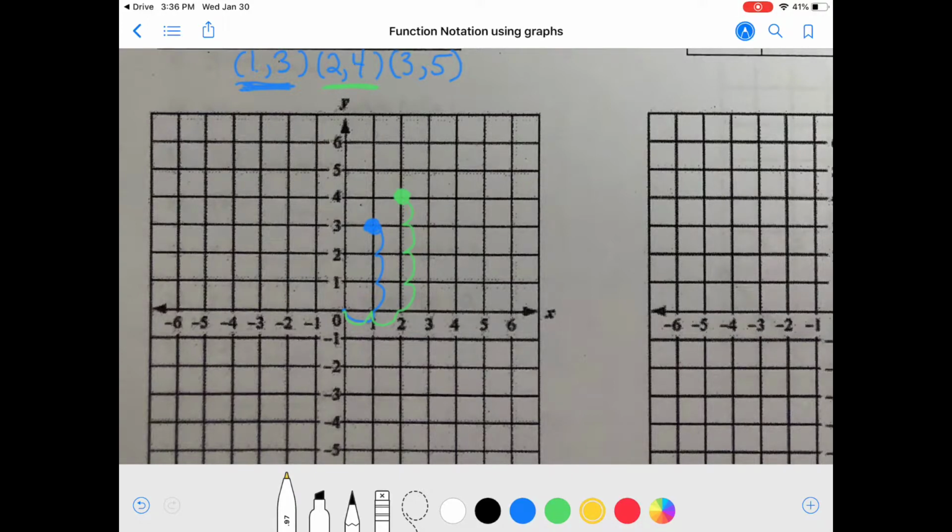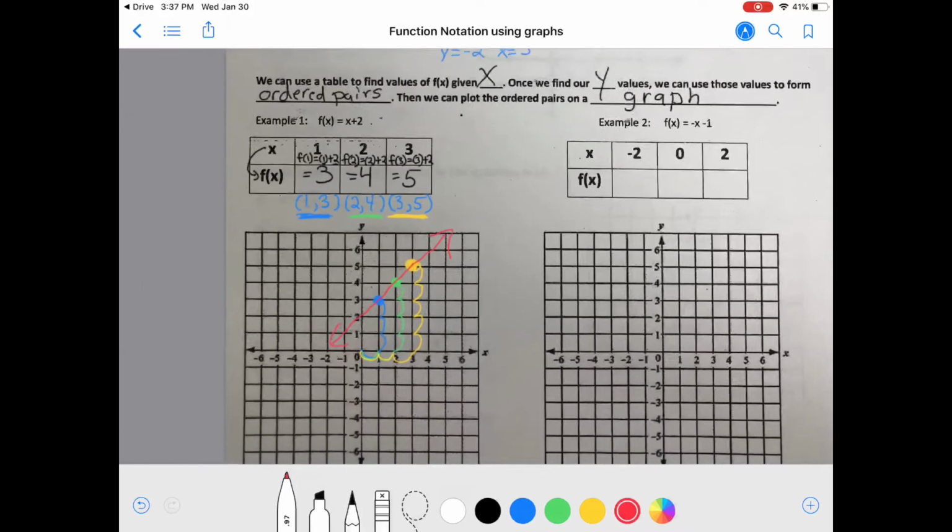My third point is going to be 3, 5. So start at the origin, going over to the right because it's positive 3, and then going up 5. And then I'm going to connect them because it is a function. And then there's our graph.